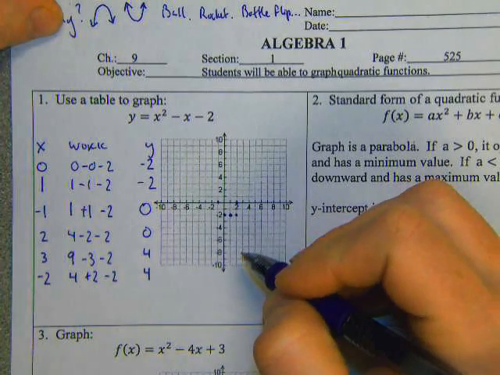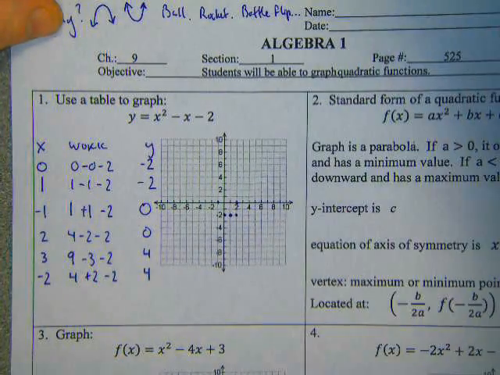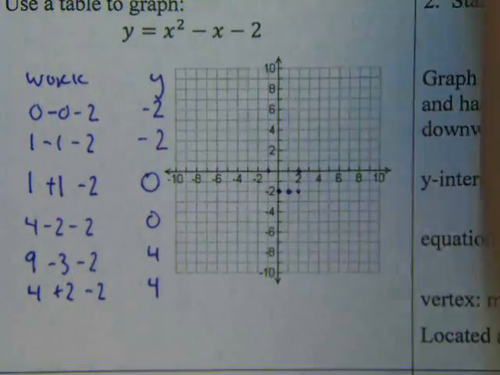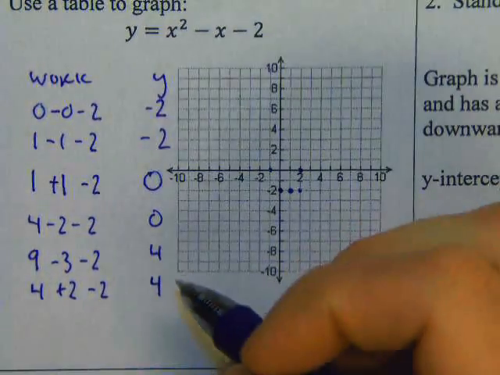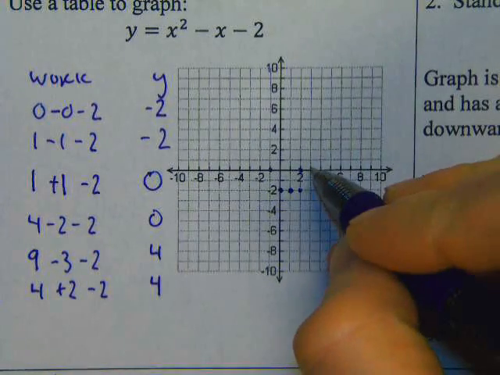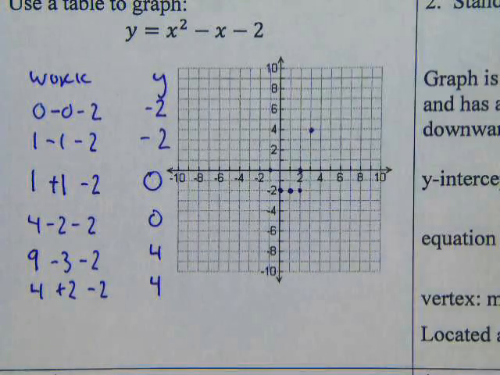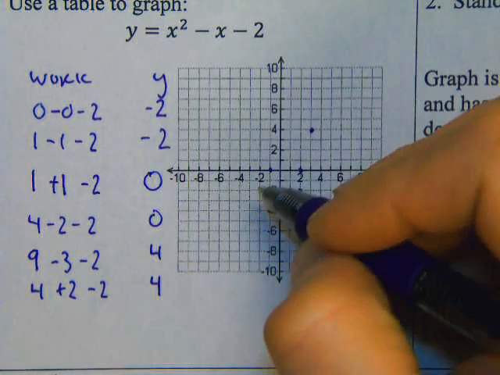So there's a little extra point there that I'll have to get rid of. Let's zoom in here so you can probably see this a little bit better. 3 and 4. And negative 2 and 4.